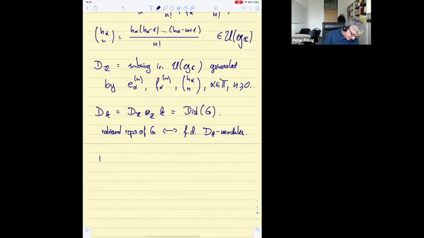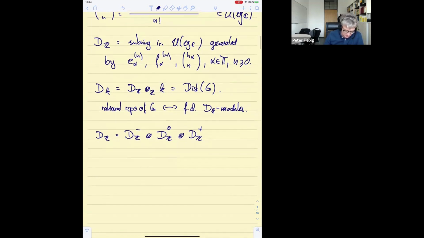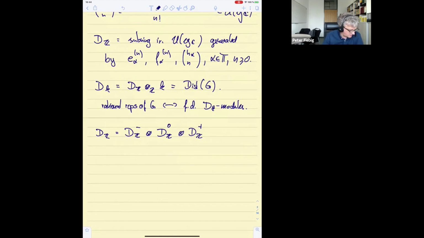And the nice thing is that you do have a triangular decomposition, even over the integers, where D_Z minus is generated by the F alphas, D_Z plus by the E alphas, and D_Z 0 by the binomial coefficients in the H alphas. So that's a very nice thing, because this also gives you this triangular decomposition over K.